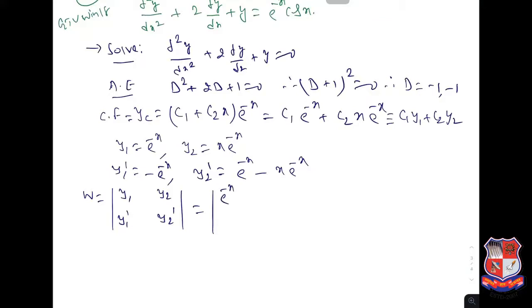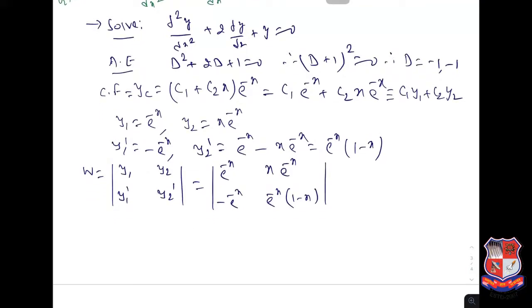So this is e power minus x, this is x e power minus x, this is minus e power minus x, this is e power minus x times 1 minus x.